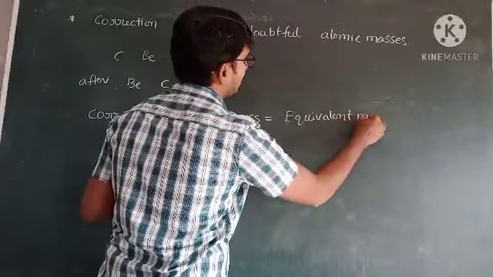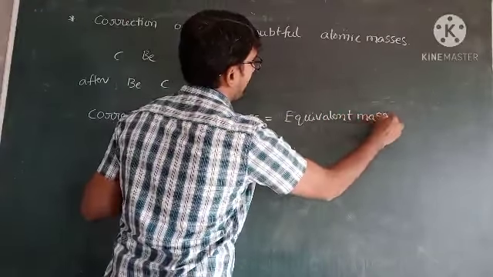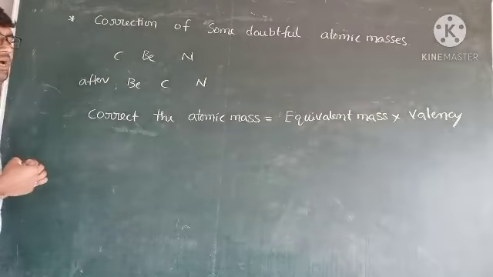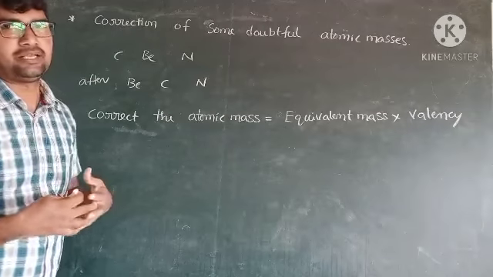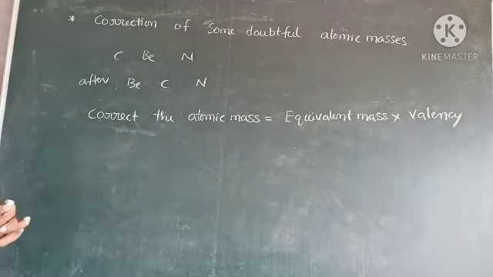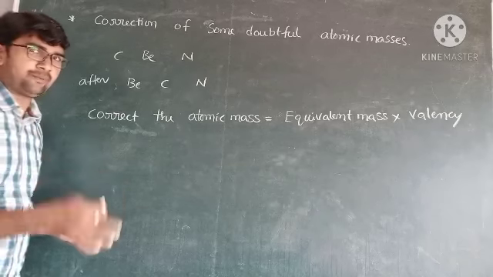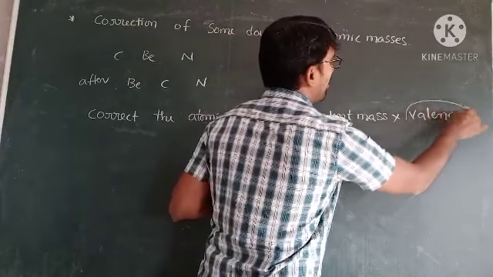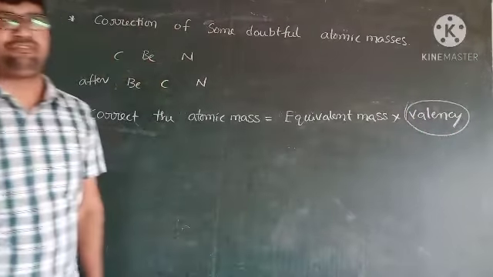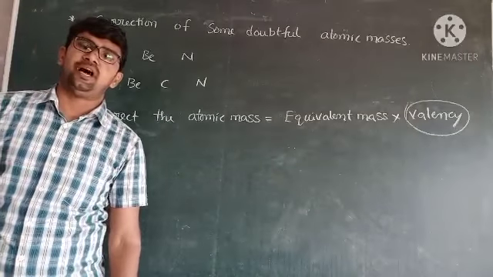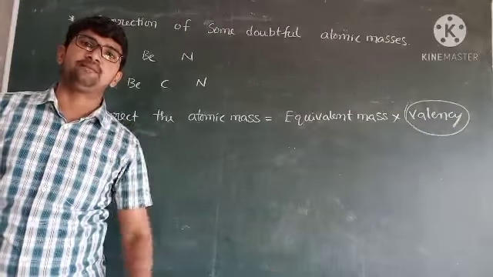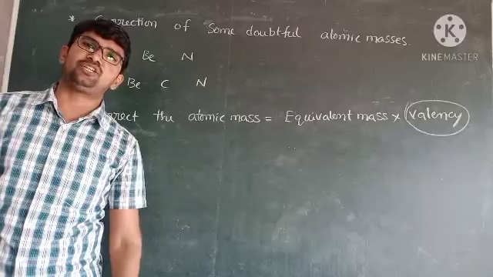Equivalent mass into valency. Based on this formula, he corrected the doubtful atomic masses of some elements. And one more important point: Mendeleev mostly arranged the groups based on their valencies.